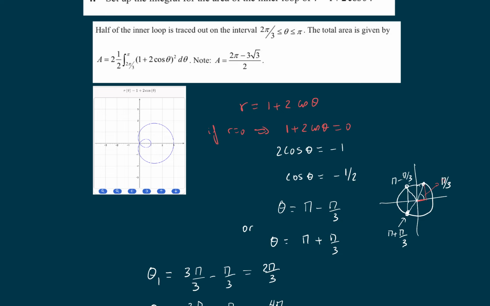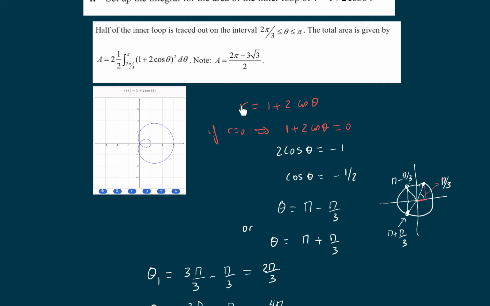So when r of theta is 0 is when you are here. As soon as theta grows, you will go here, and then again r will be 0 again. So I need to find the two thetas for which this inner loop is generated when r is equal to 0. Which are the two thetas?